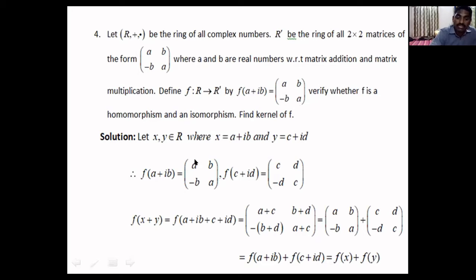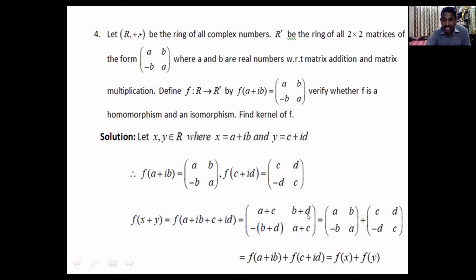f(a + ib) is the matrix [[a, b], [-b, a]], and f(c + id) is the matrix [[c, d], [-d, c]]. Now consider f(x + y), where x = a + ib and y = c + id. Substituting, it can be written as f((a + c) + i(b + d)), and then using the definition we get the matrix [[a + c, b + d], [-(b + d), a + c]].